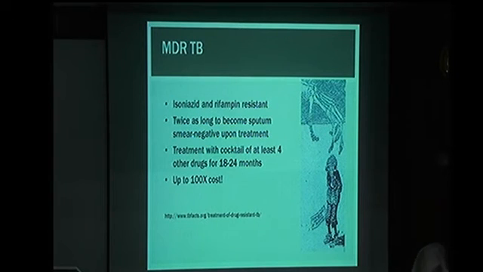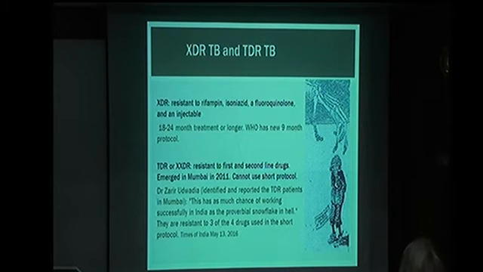Okay, so then it gets worse. We have XDR-TB and TDR-TB. XDR, extremely drug resistant, is resistant to rifampin, isoniazid, fluoroquinolone, and an injectable drug. And then there's TDR-TB, which is also called XXDR-TB, and is resistant to all first and second line drugs.